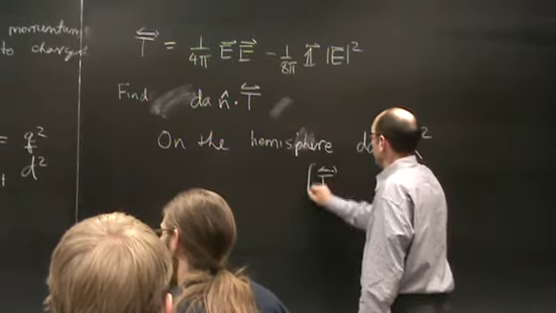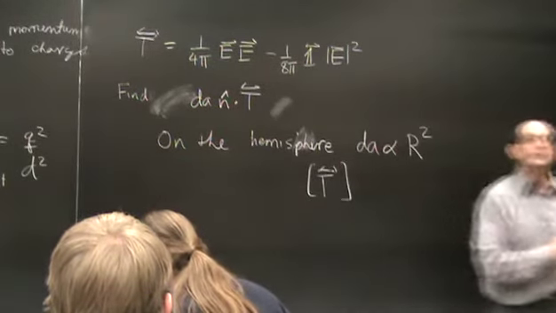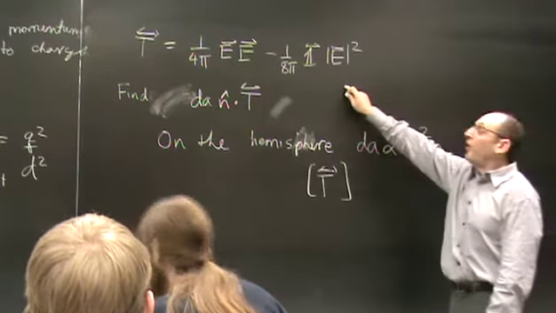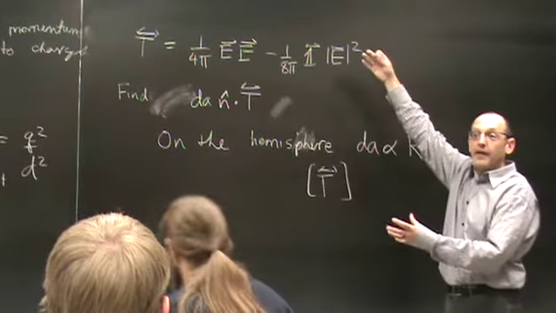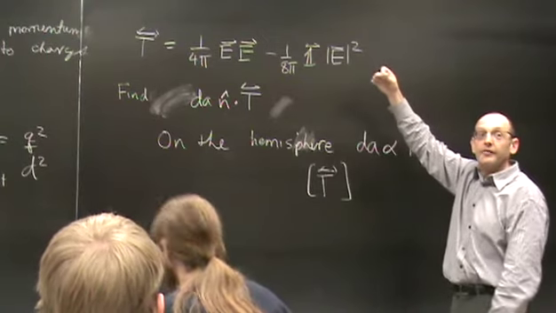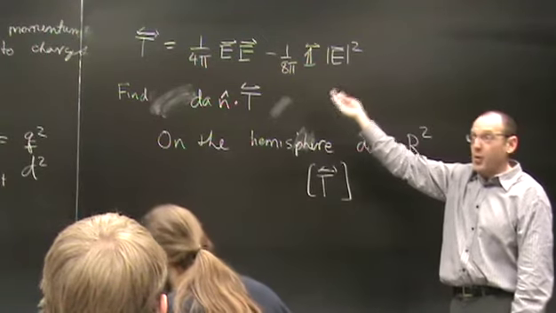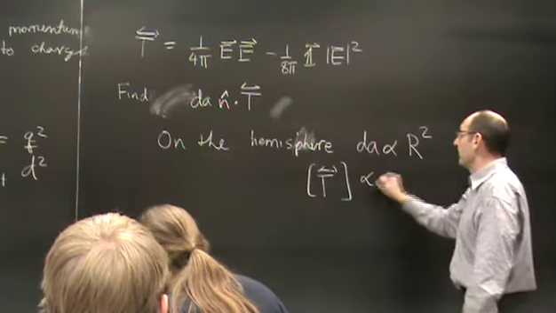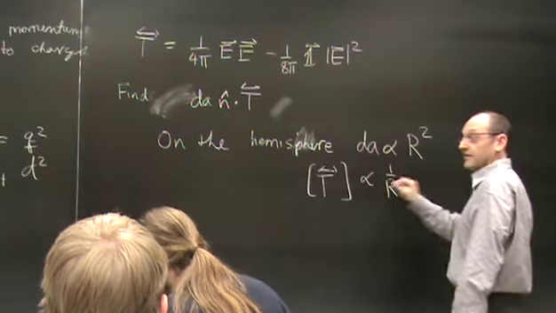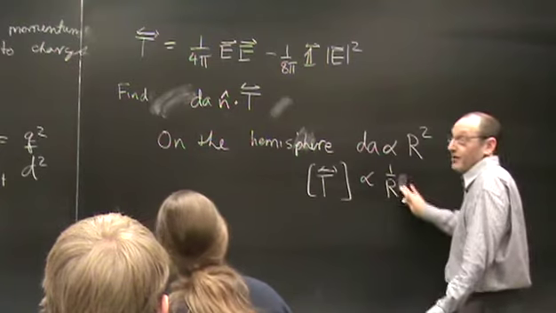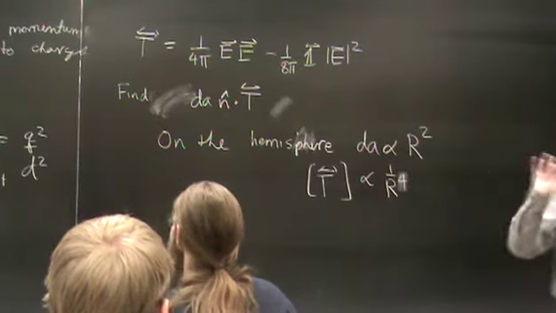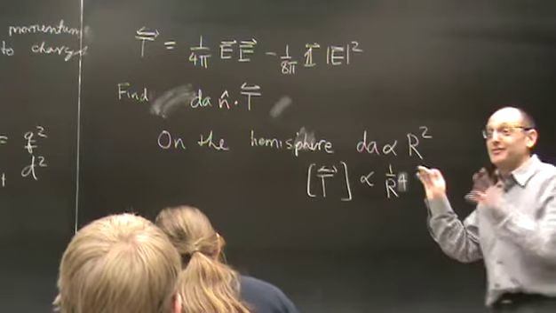How does that scale with r? Well, as we get far enough away, the fields fall off like 1 over r squared, because of the monopole. We've got the square, so this goes like 1 over r to the 4th.